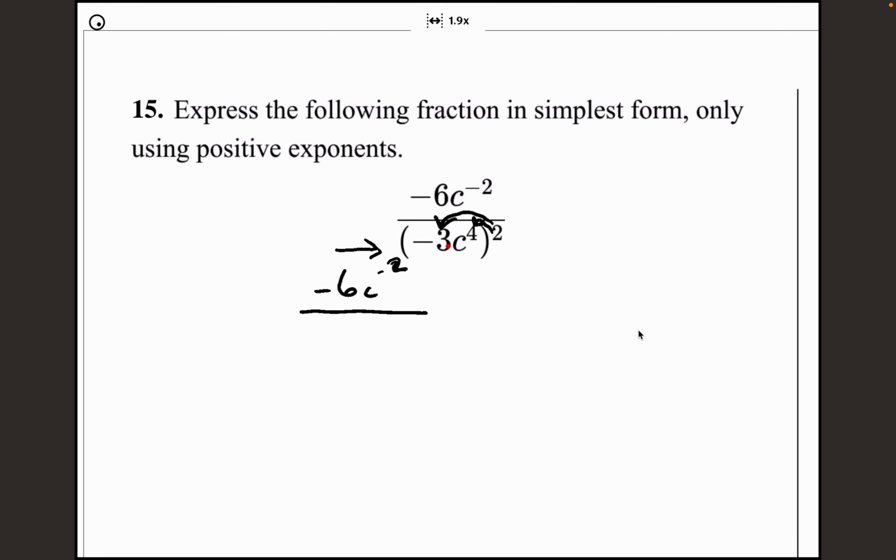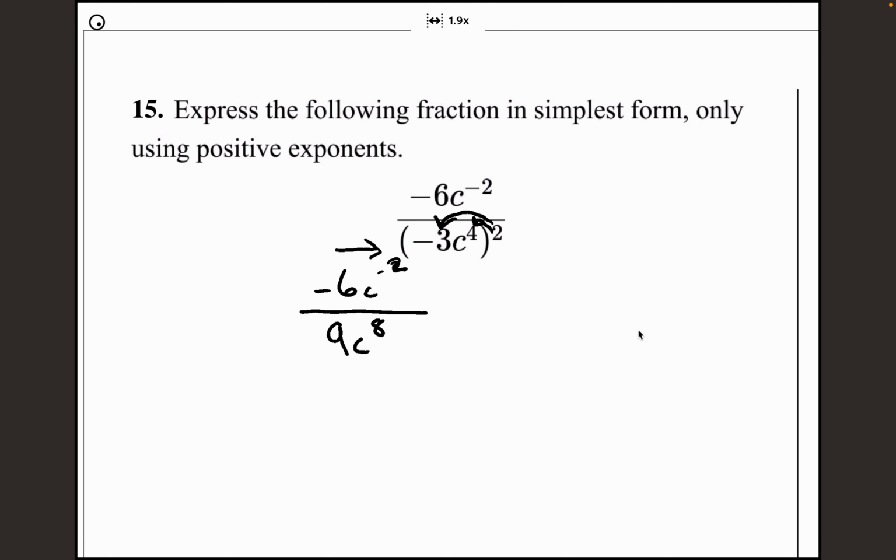Whenever I have a negative number that is squared by a positive number, it's going to come out as positive. So that's going to be 3 to the power of 2, which is 9. And then I'm going to have c to the fourth, multiply those, and I have c to the eighth now.